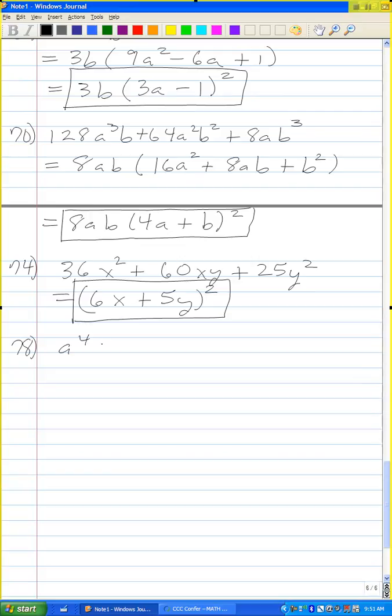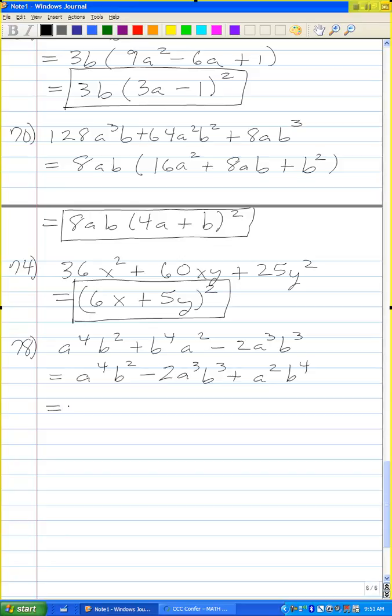a to the 4th b squared plus b to the 4th a squared minus 2a cubed b cubed. And so let's write this in descending order. a to the 4th b squared minus 2a cubed b cubed plus a squared b to the 4th.